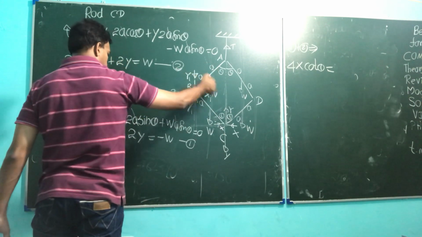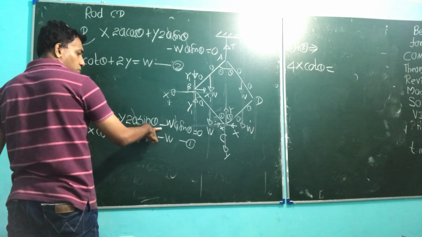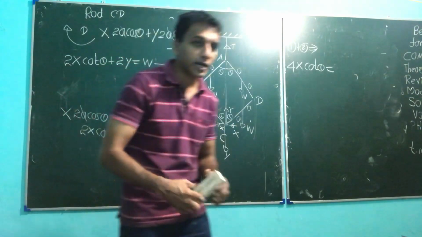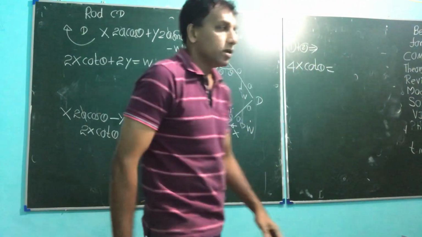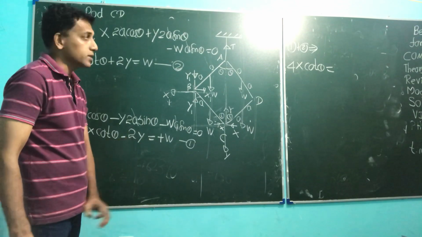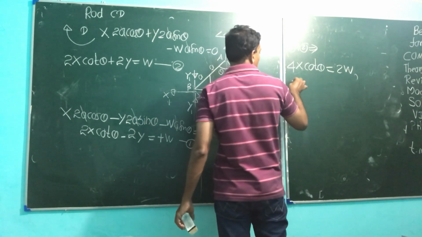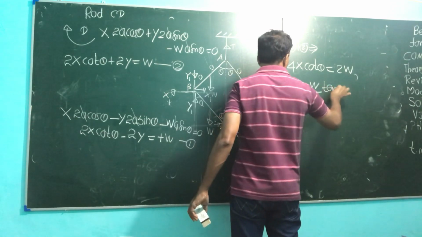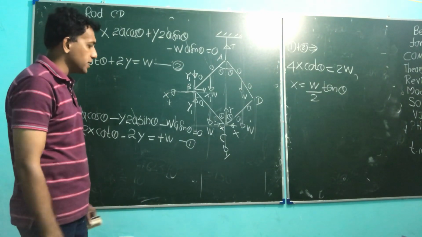In the first equation I wrote W minus, which was wrong, so here it is plus W. See properly. In this chapter we are studying the moment ideas clearly. So we have 2W, therefore x equals W by 2 tan theta. That is the x answer.